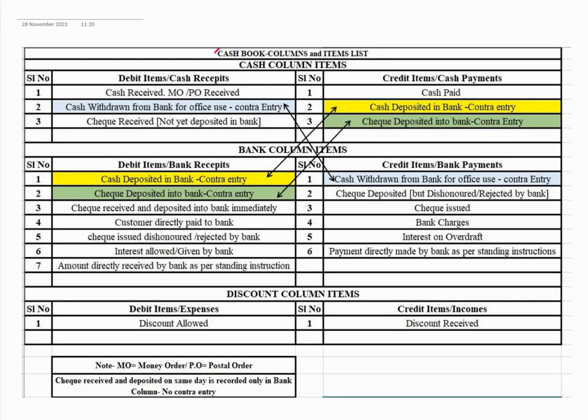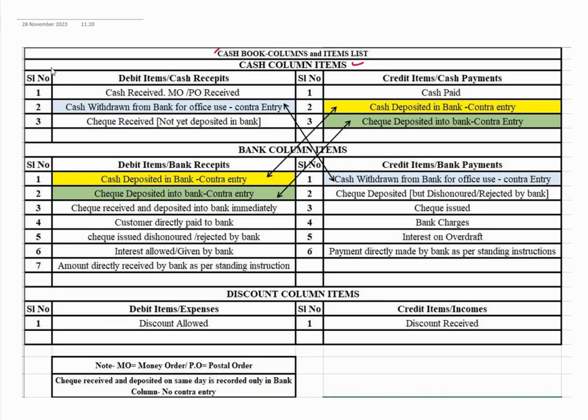Let's begin with understanding cash items here. When we are preparing a double column cash book and a triple column cash book, we need to make sure that we have two columns, that is debit and credit, and we prepare it the way we prepared the single column cash book, like all the receipts on the debit side and all the payments on the credit side.